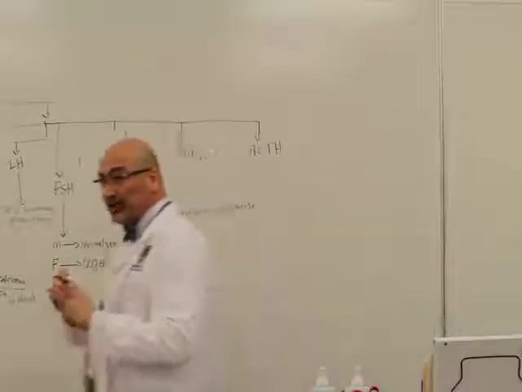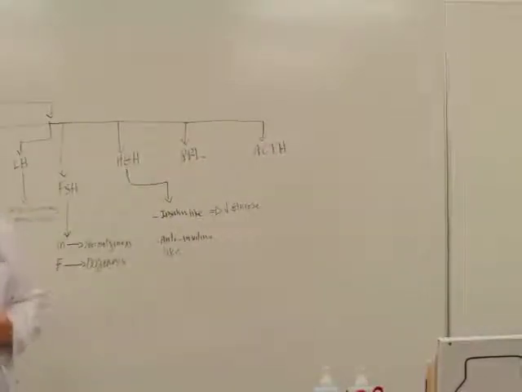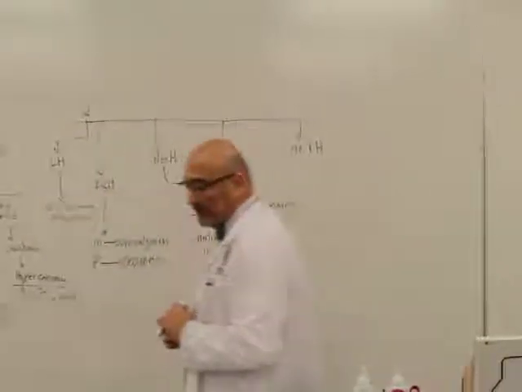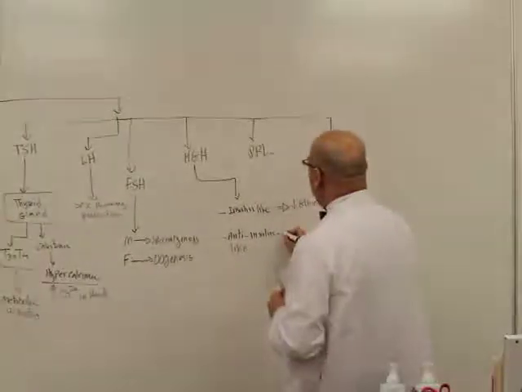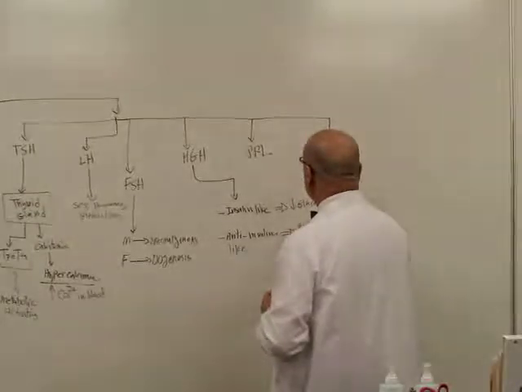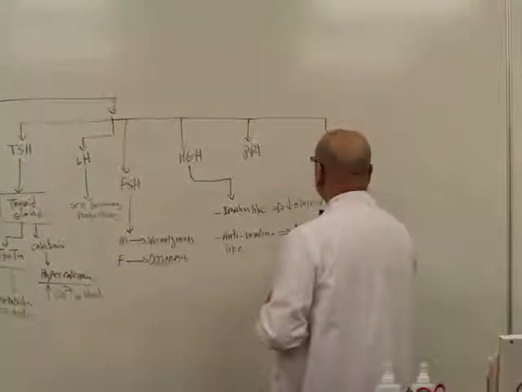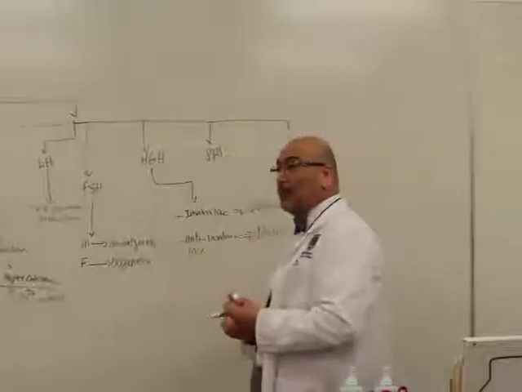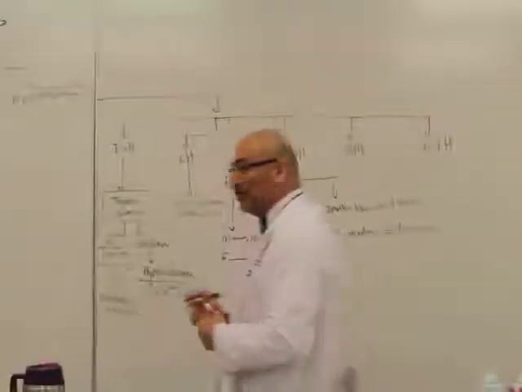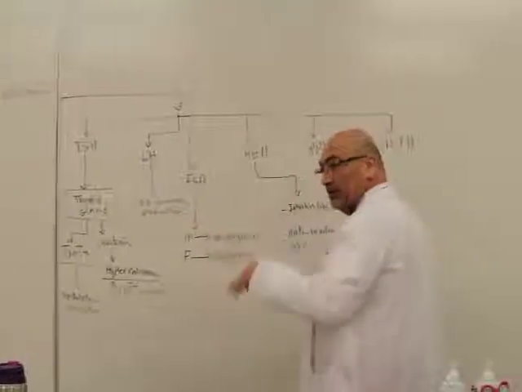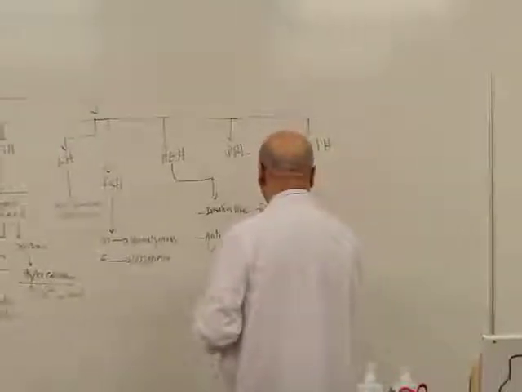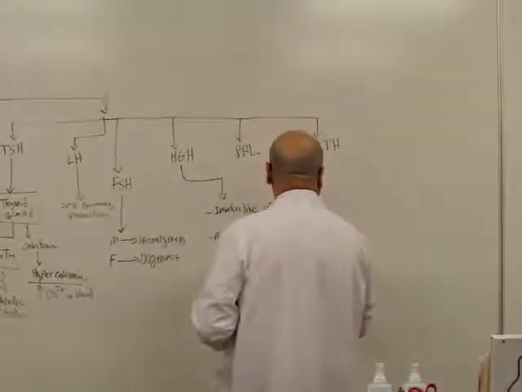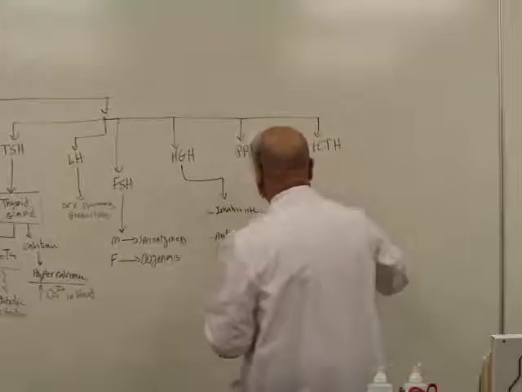Whereas anti-insulin properties, as you can imagine, is different. Okay, so that means it's got the opposite properties, so it's going to increase glucose levels. And lipolysis is involved, so lipids being broken down, lysis is the basis for that.